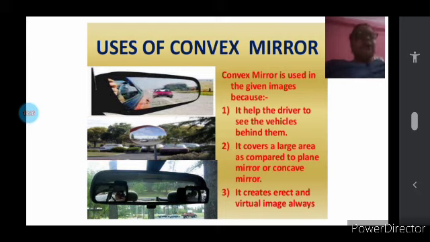and it can create an erect image, and it will not always get inverted as in the case of concave mirrors.